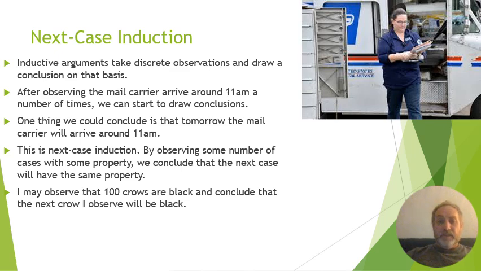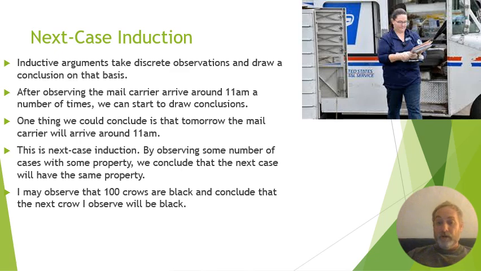All inductive arguments just take some discrete observations as premises and then draw a conclusion from those. So one way that might happen, I might notice that, several days in a row, the mail carrier arrives around 11 a.m. How many times do I observe that? I don't know. Say I observe it for a week straight. On that basis, I might draw a conclusion.